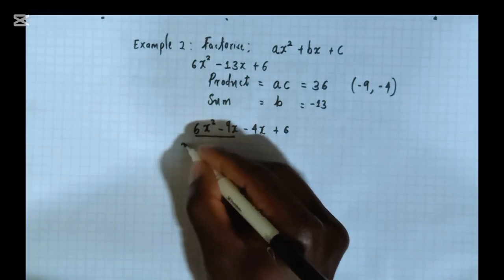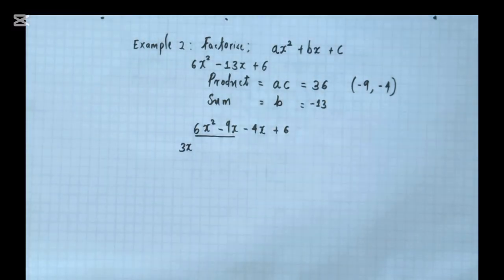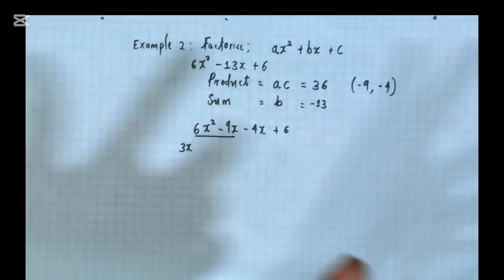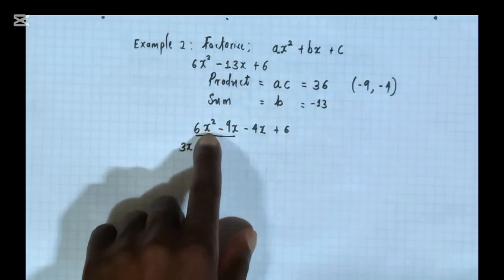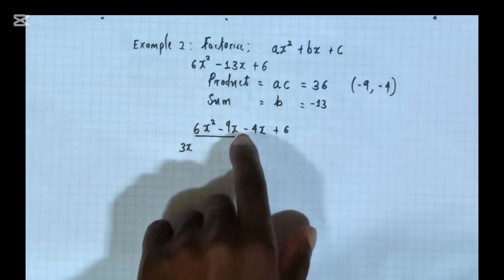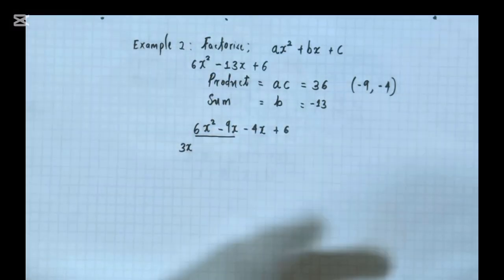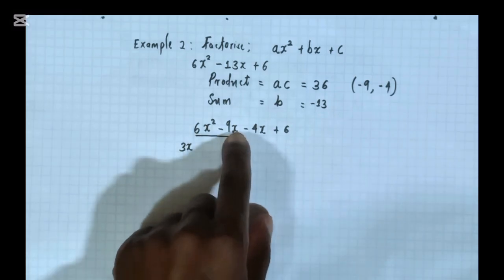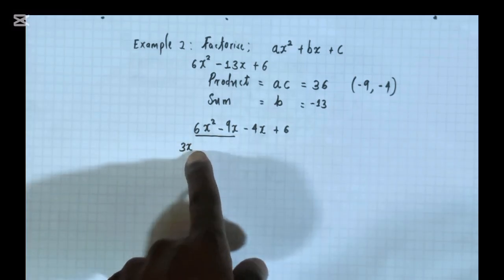So basically 3x. Why? When you're thinking of common factor, if there are variables on both of the terms, take the one with the lowest power. So the one with the lowest power here happens to be x. That's why we have x out here.